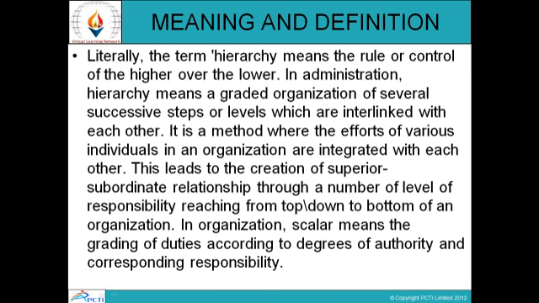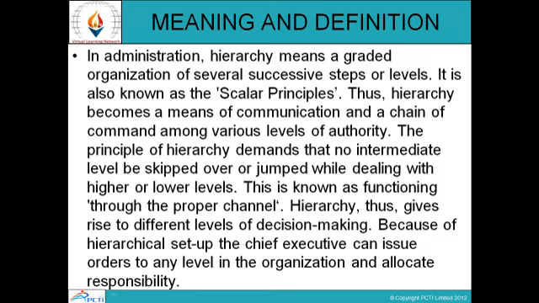At the same time, it is a scalar means, the grading of duties according to degrees of authority and corresponding responsibility. In other words, hierarchy means a graded organization of several successive steps.